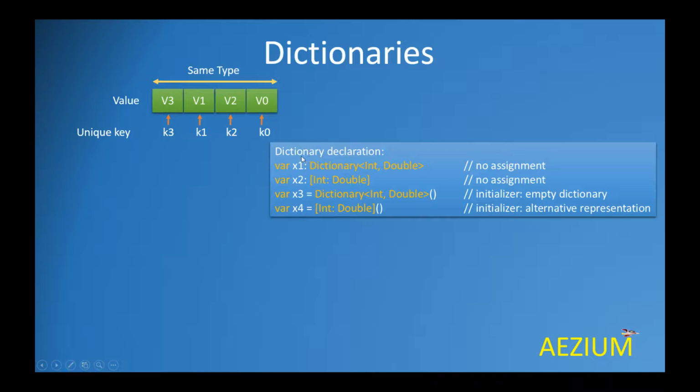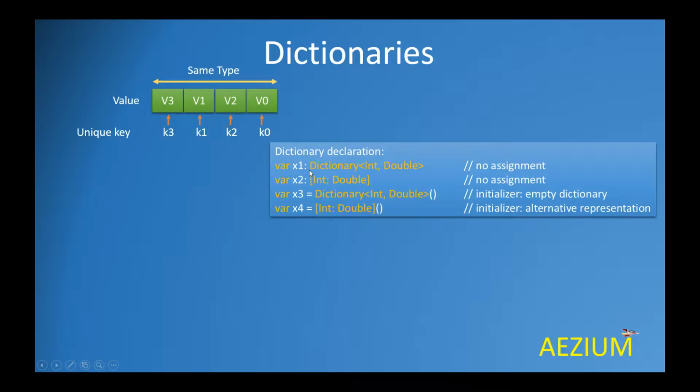Declaring dictionaries can be done in a number of ways, similar to other declarations we've seen before. The syntax used is shown here.